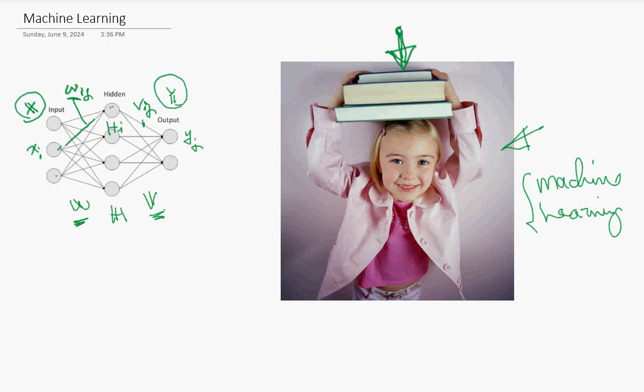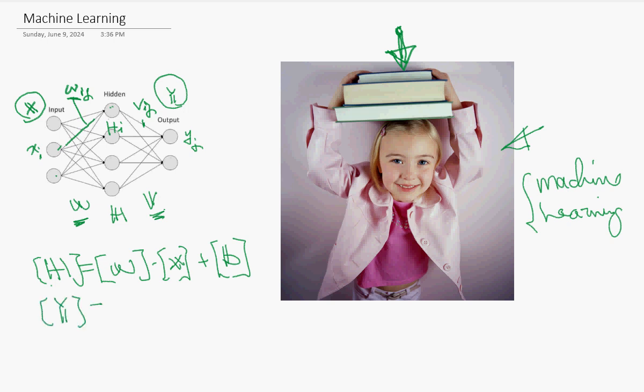So what we have to do is, the h vector is going to be the w matrix times the x vector plus a bias vector. Bias means the whole h will be shifted up or down, and the final y vector will be the v matrix times the h vector plus bias again.